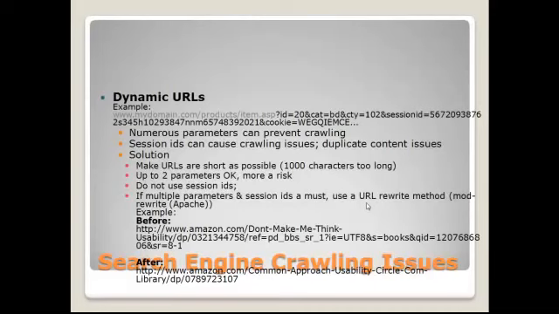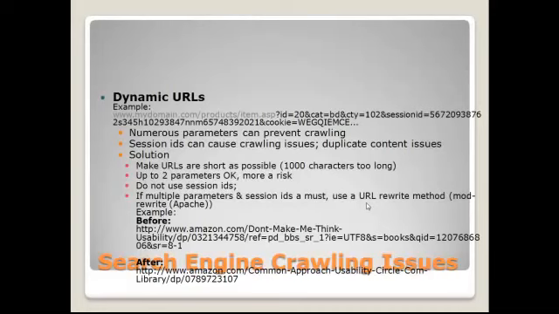The solution is fairly simple, depending on how large your site is, and it's just a matter of making the URL shorter. Preferably, 1,000 characters is way too long. Up to 2 parameters are okay, but it's still a risk. I try to eliminate parameters as much as possible.